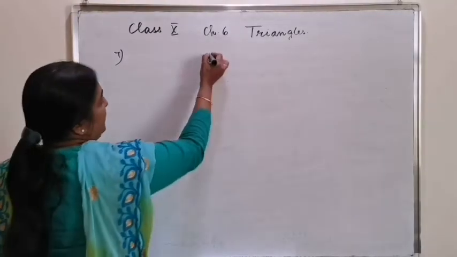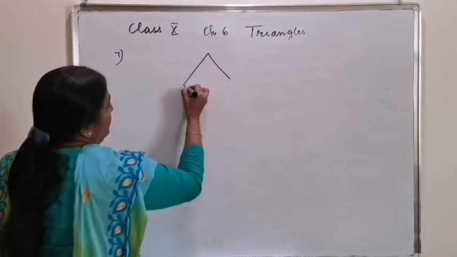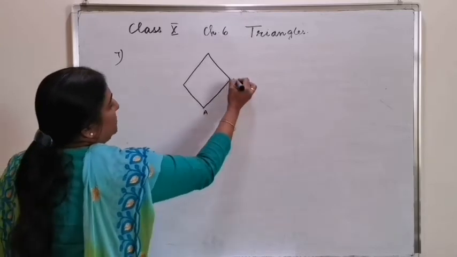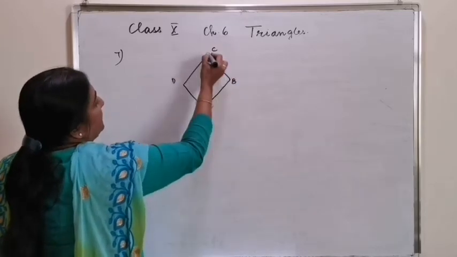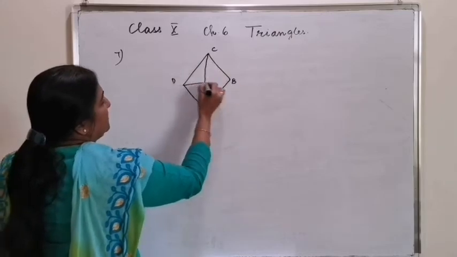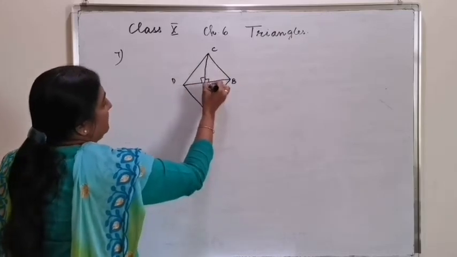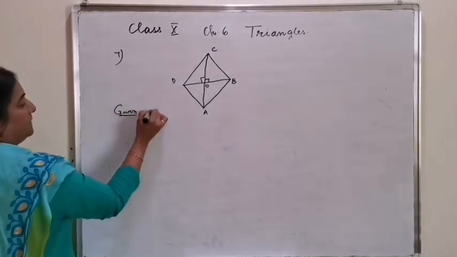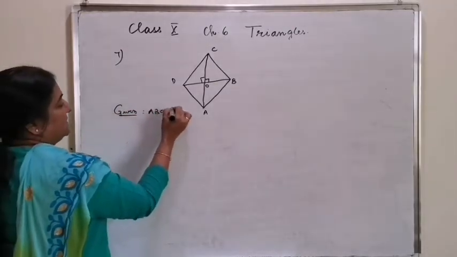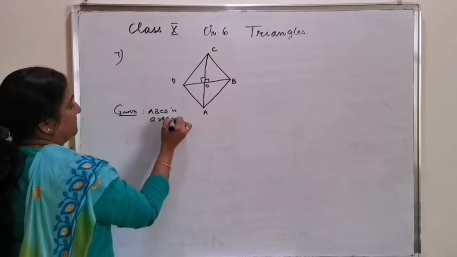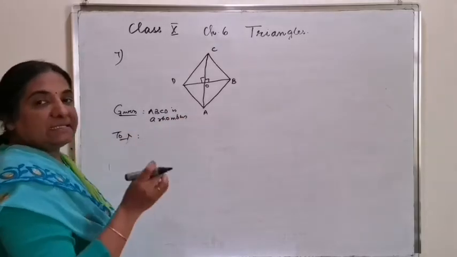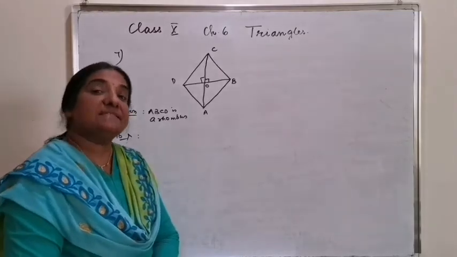Let's draw the figure as normally we draw the rhombus in this particular shape to make it very clear that the diagonals bisect at right angles. So given ABCD is a rhombus, what is to prove is the sum of the squares of the sides.